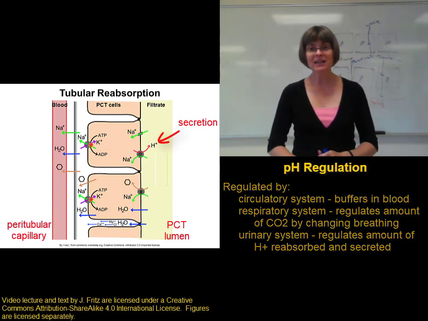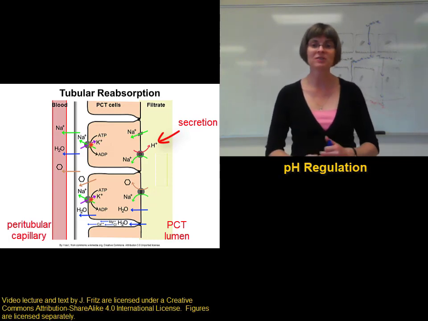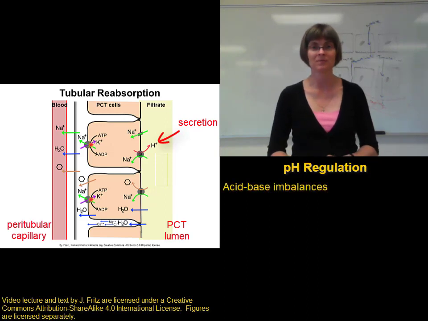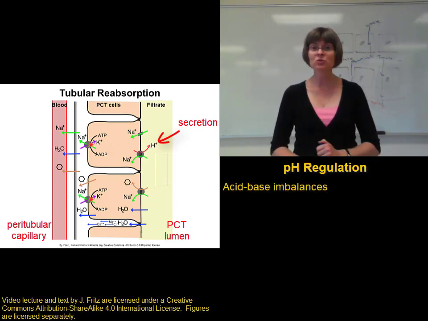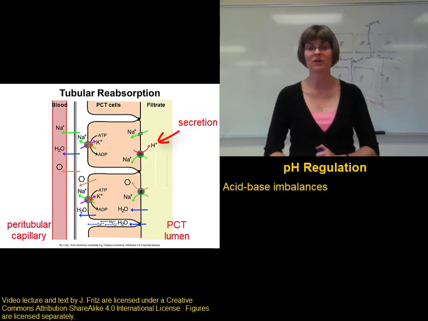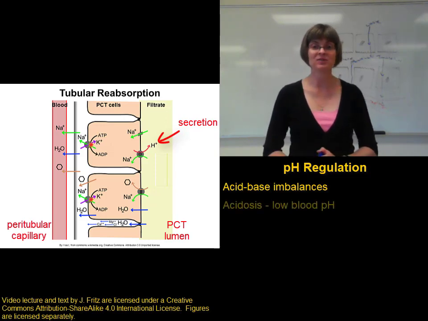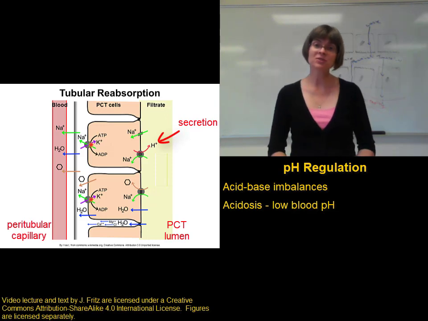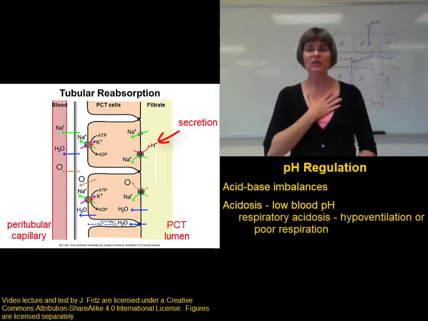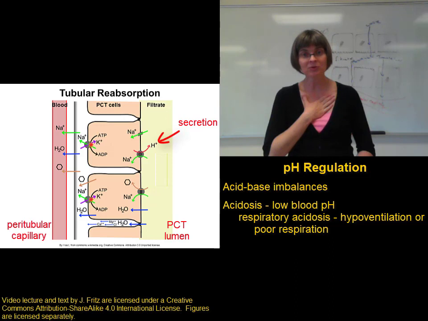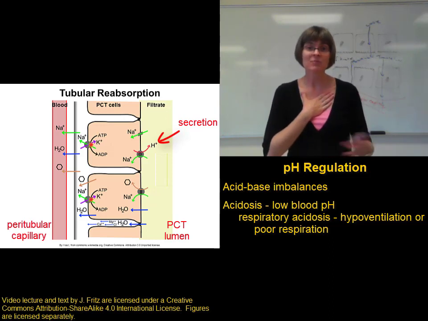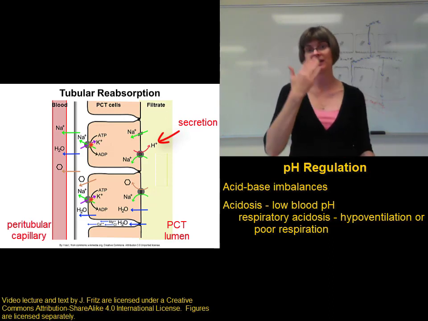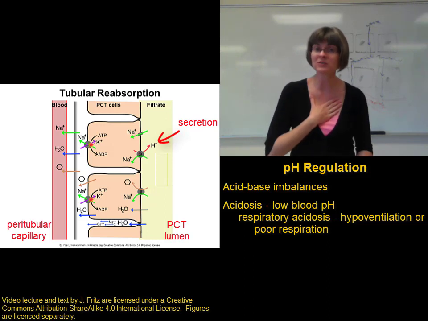If your blood pH is outside of the normal level, then you have some sort of an acid-base disorder. If your blood pH is too low, if it's below that 7.35, that's called acidosis. And there are 2 forms of acidosis. Respiratory acidosis is caused by an issue going on with the respiratory system, either hypoventilation, meaning not moving enough air in and out, or poor respiration.